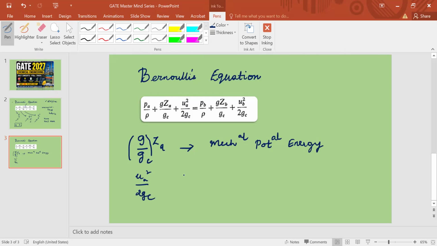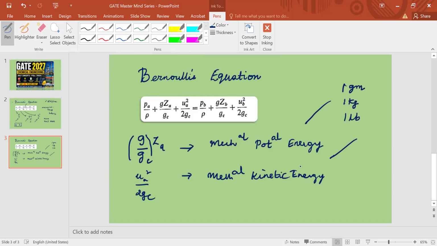Okay. This is known as mechanical kinetic energy. See, this is all based upon a unit mass of fluid. So you should focus here, that is, of a unit mass of fluid, whether it is 1 gram or 1 kg or 1 pound, based upon the unit system. Okay.